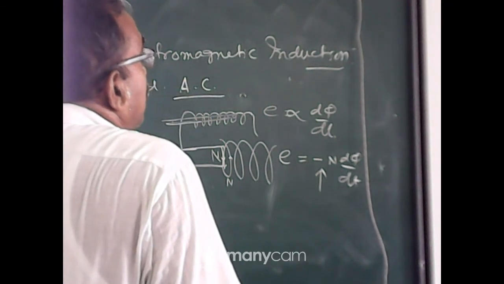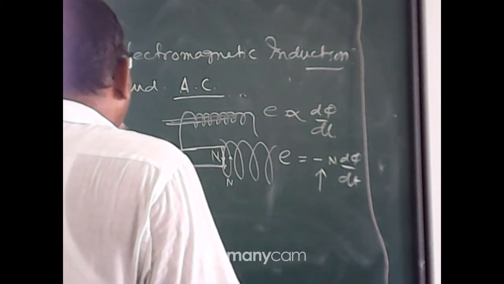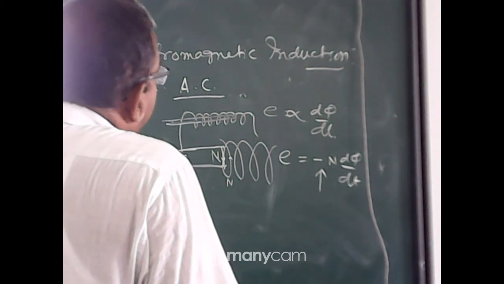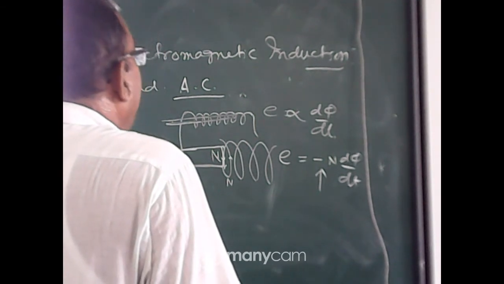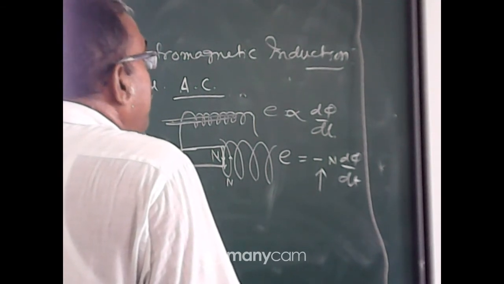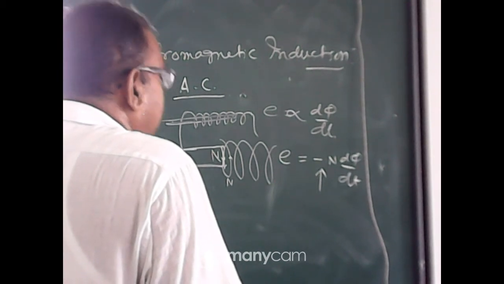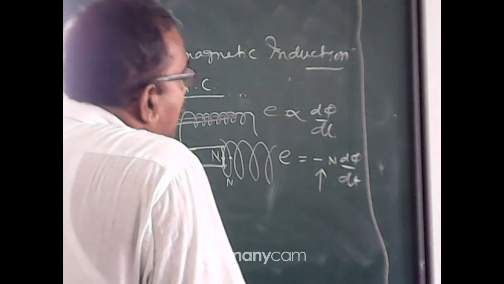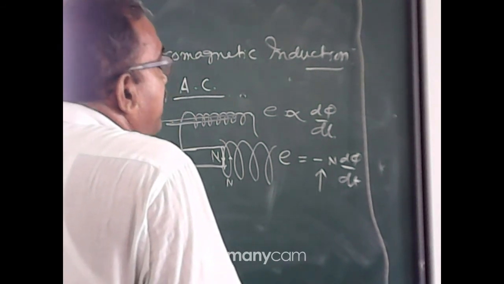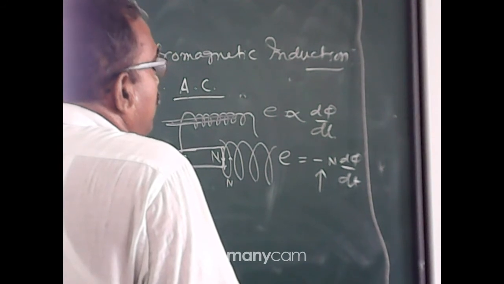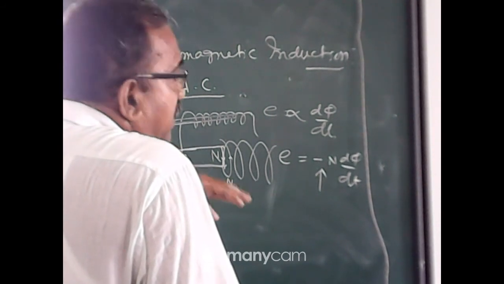Very good, very good. So this is the Faraday law and the correction by Lenz. You know it, and the direction of the current passing through the coil and the induced coil. The induced current means a separate coil is placed nearer to the source.